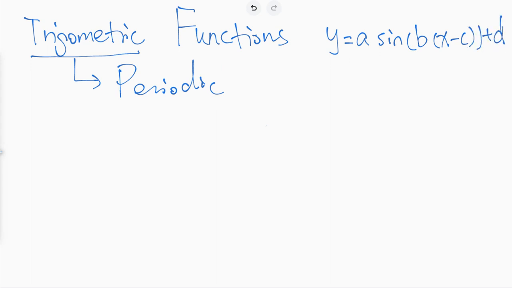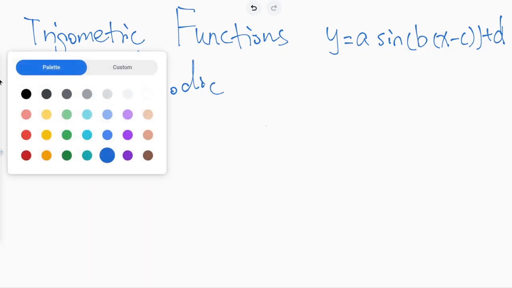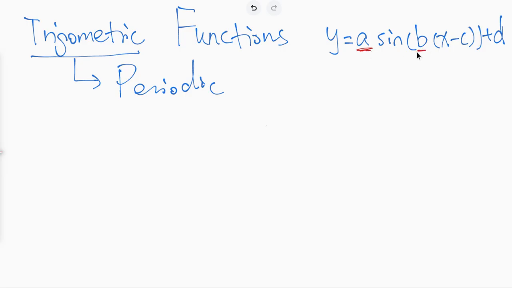If we have a sine function like this, we have a few parameters here. We would have a, b, c, and d. This is how this general function differs from a simpler form, y is equal to sine x.